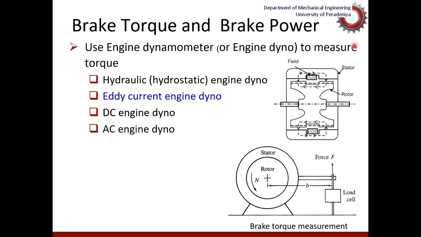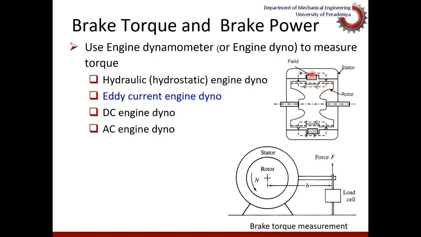The operation of an eddy current dynamometer is quite simple. It is an electromagnetic device where a metal rotor is connected to the engine crankshaft directly, and it is sent through an electromagnet. The electromagnetic strength can be controlled by controlling the current supply to this electromagnet.